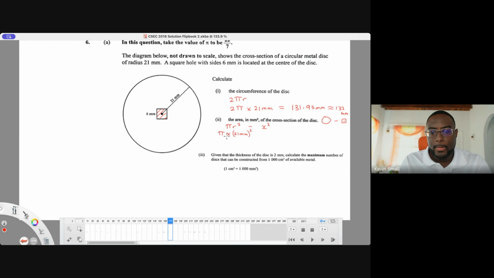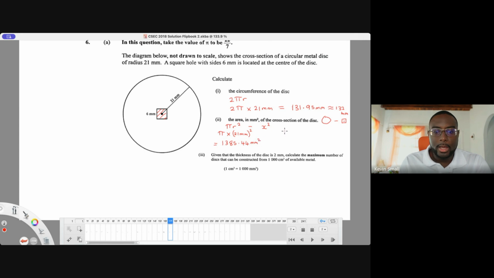You should be able to put that straight in your calculator, and the answer for the circle's area should be 1385.44, if done correctly. Of course, you can round it up to the nearest whole number if possible, millimeters squared.